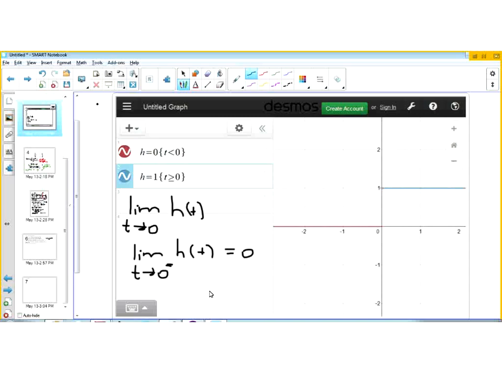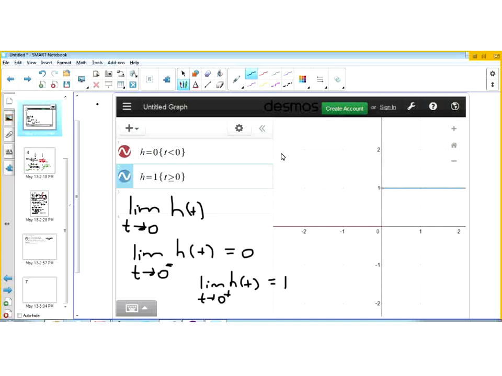All right, now we had another kind of limit, and that was the limit as t approaches 0 from numbers bigger than 0. The way we would write that is using a superscript plus. And we discovered that that was equal to 1.